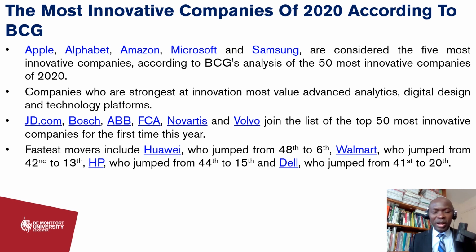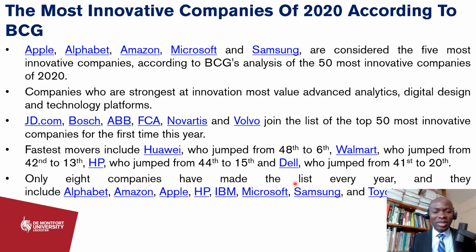And we find some of the fastest movers like Huawei, for example, jumping from 48th to 6th, and Walmart also jumping from 42nd to 13th. HP, for example, also rose on that list from 44th in the previous year.